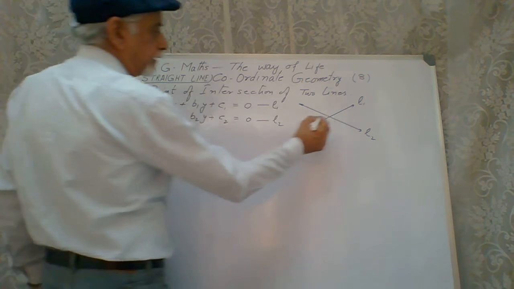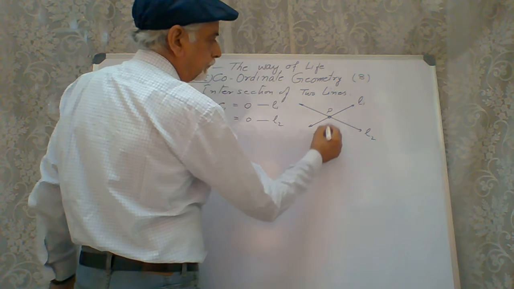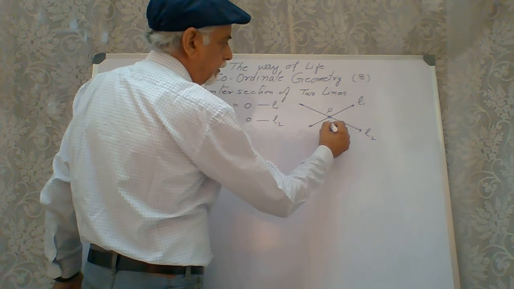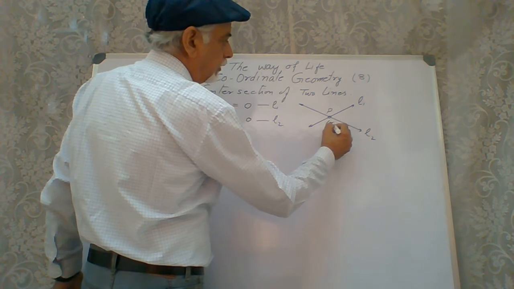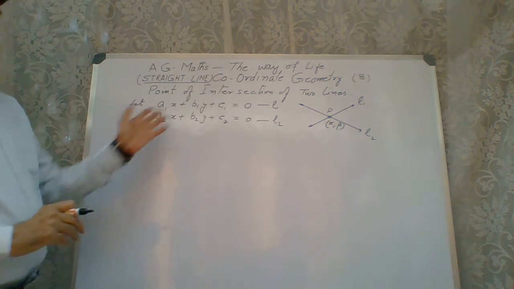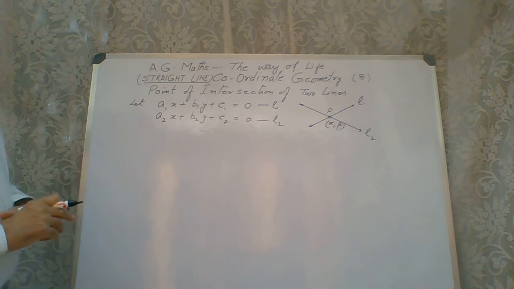They are intersecting at a point here called P, and we assume the coordinates of this point are alpha and beta. As x, y are already used here, I have taken alpha, beta as the point of intersection.